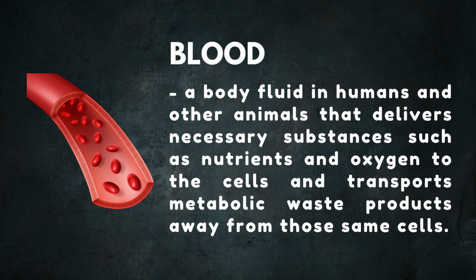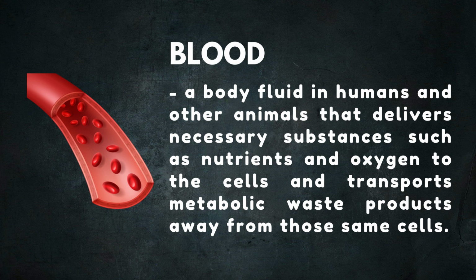Blood. Blood is needed to keep us alive. It brings oxygen and nutrients to all the parts of the body so they can keep working. Blood carries carbon dioxide and other waste materials to the lungs, kidneys, and digestive system to be removed from the body.